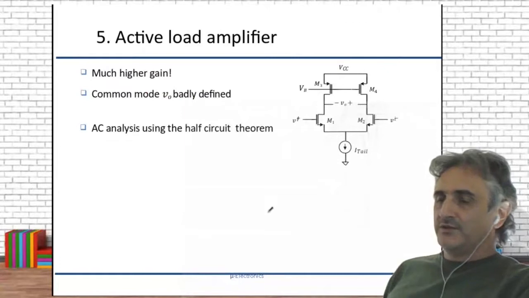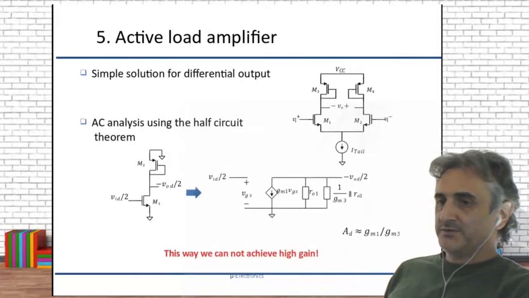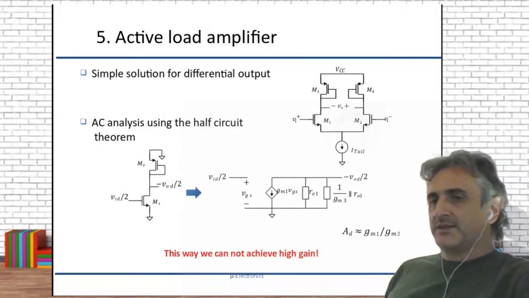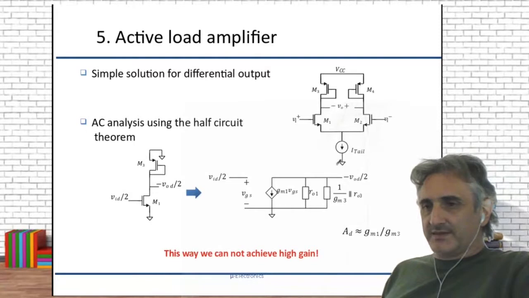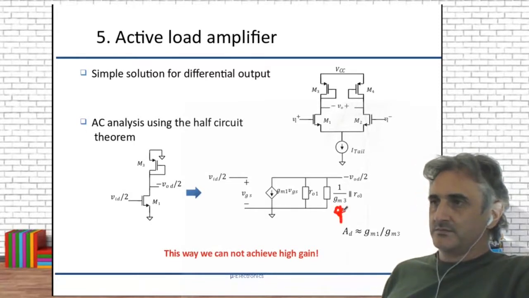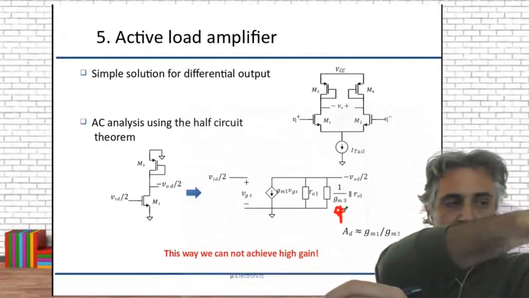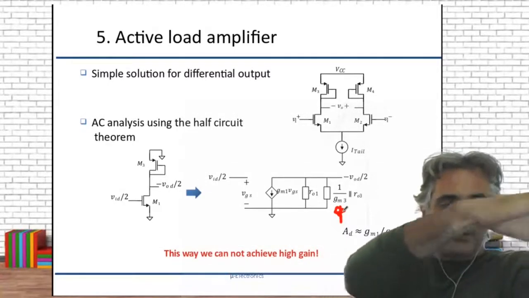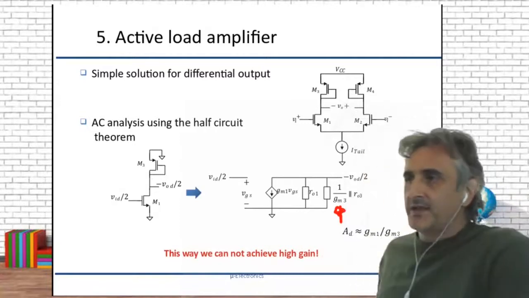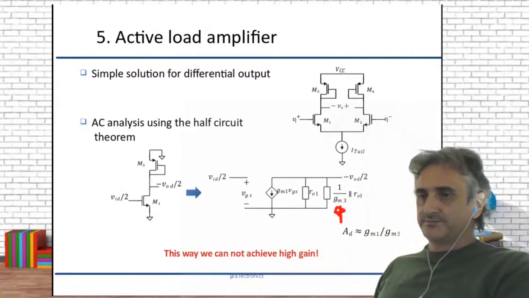We can use another kind of active load. What kind of active load? The problem here is this GM, this gain here. This gain is caused by the configuration of the transistor having the gate connected to the drain.